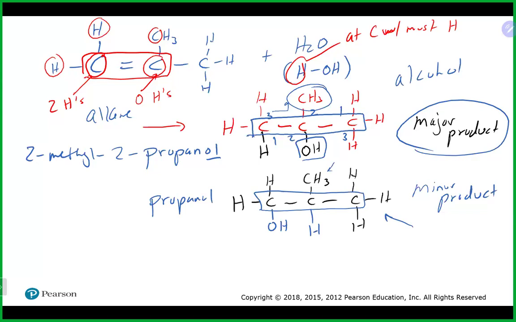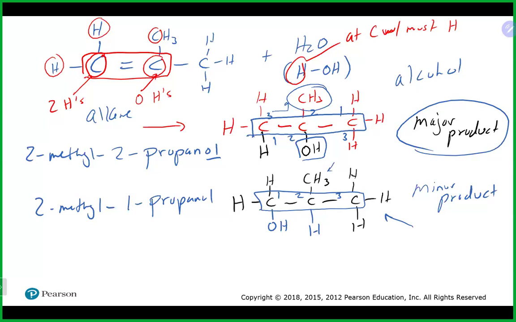But the OH group now is at carbon number 1. We'll give it the smallest number. So we do need a number in this direction. So this is going to be 1-propanol because the OH group is at carbon number 1. And my methyl group will still be at carbon number 2. Yeah. 2-methyl 1-propanol.